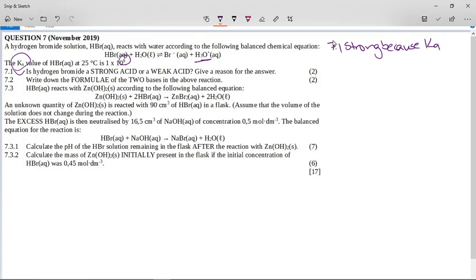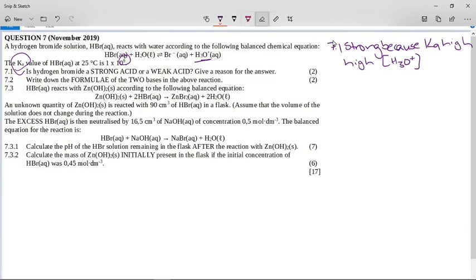And if a Ka value is high, it means there's a high concentration of hydronium ions. Remember, with this definition, you have to say that there are a lot of ions because it's dissociated strongly. So we can also say it's got a high degree of dissociation, giving you a high concentration of hydronium ions.